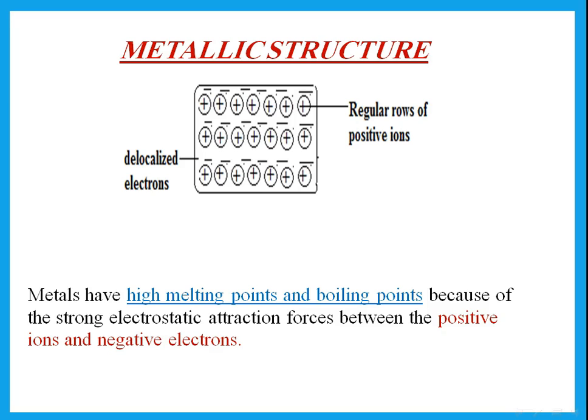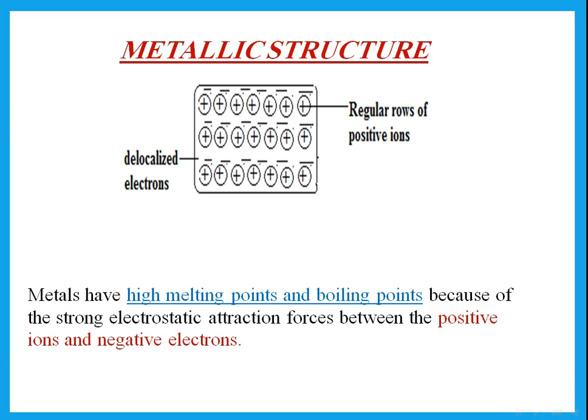Metallic structure: any metal has this kind of structure. A metal is a solid. So remember we said solids have regular rows. But in metals, each atom has 1 or 2 or 3 electrons in its outer shell, which it doesn't really want. So actually these electrons in the outer shell for each atom are just floating around. We call them delocalized electrons.